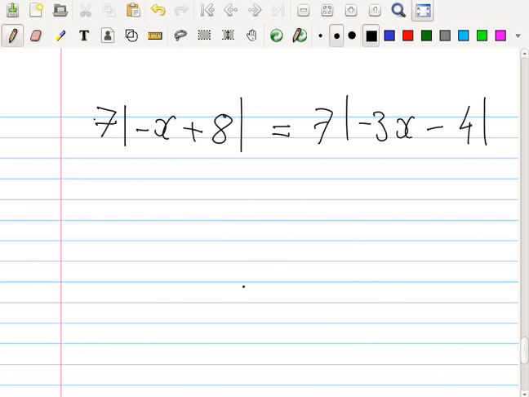On the graph, what does that represent? What do you think? What would the graph of this be? Any ideas? I think it's like the same as the previous one. Yeah, so this one here would be an absolute value, wouldn't it? And then this one here? Absolute as well.